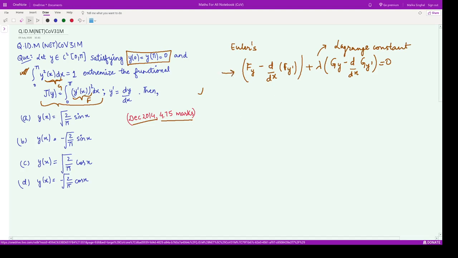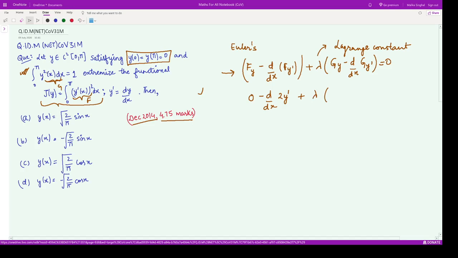Our f is y'^2, so f_y would be 0 because it is independent of y, minus d/dx of f_y' which would be 2y', plus lambda times g_y.